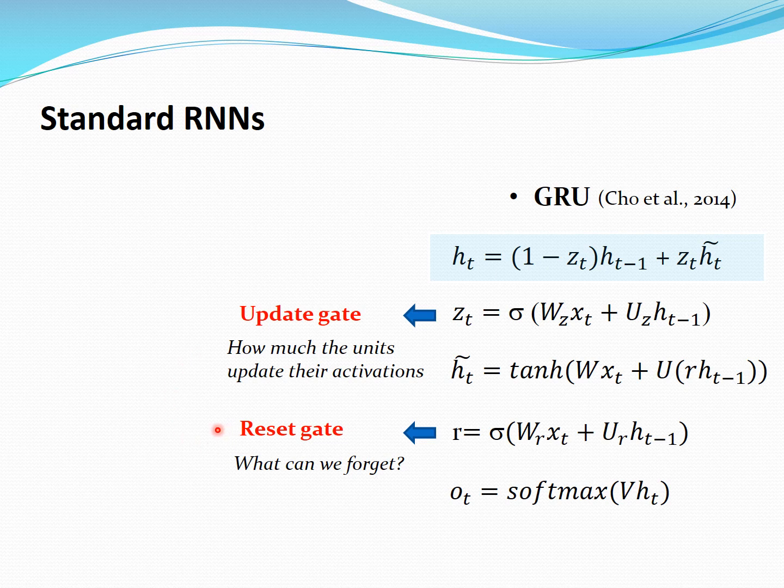The other one is the reset gate, which decides what we can forget. And similarly to the LSTM, you can see here in the first equation that we implement the shortcuts because we can save our hidden state H for an arbitrary number of time steps depending on how the update gate is set.